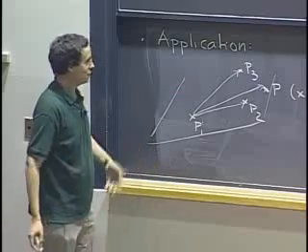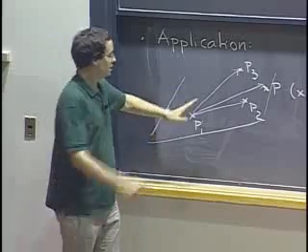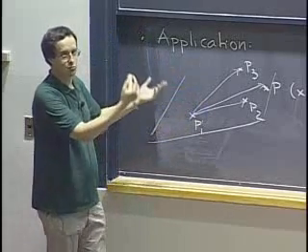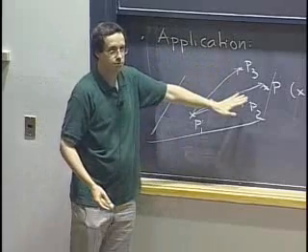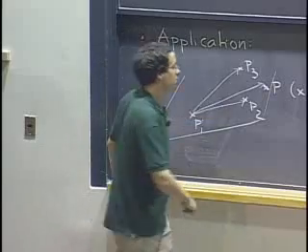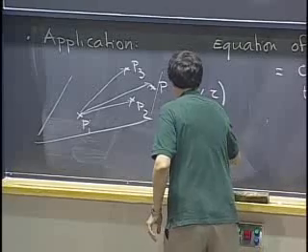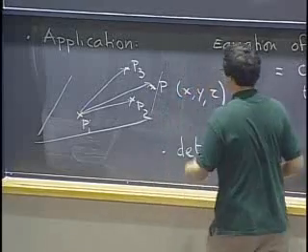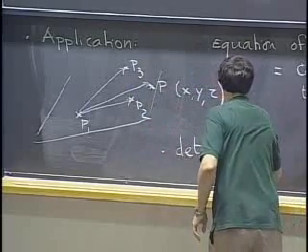If I try to form a parallelepiped with these 3 sides, if P is not in the plane, then it will have some volume. But if P is in the plane, it's completely squished. So one way to think of the equation of a plane is that the determinant of these vectors should be 0.